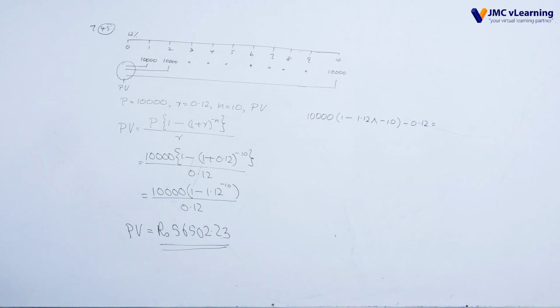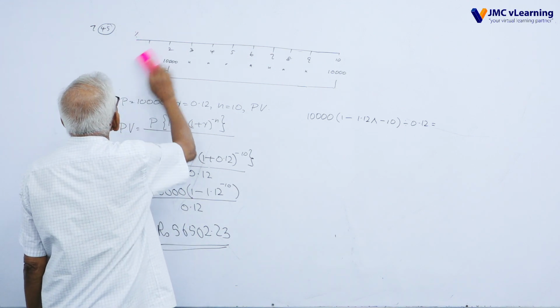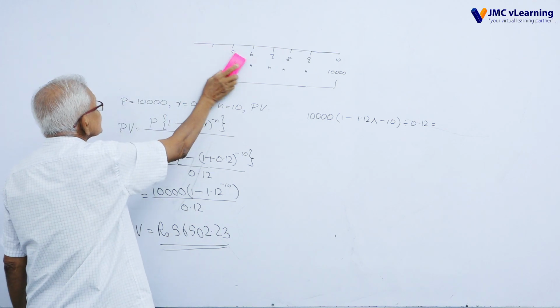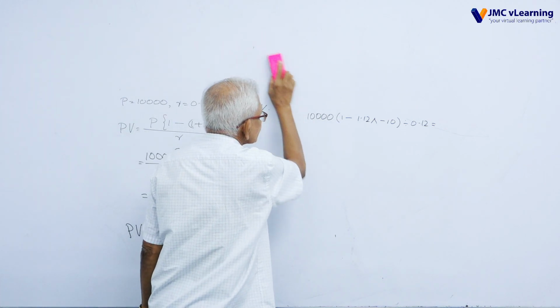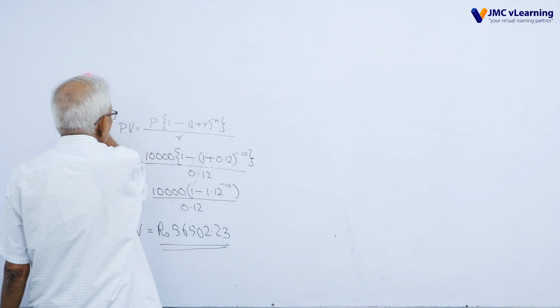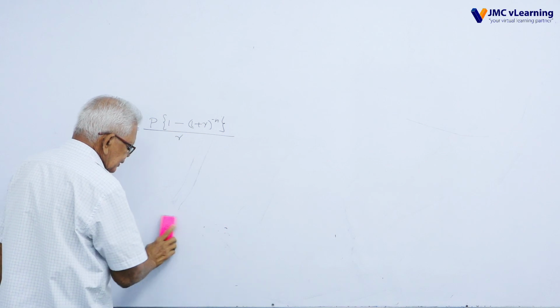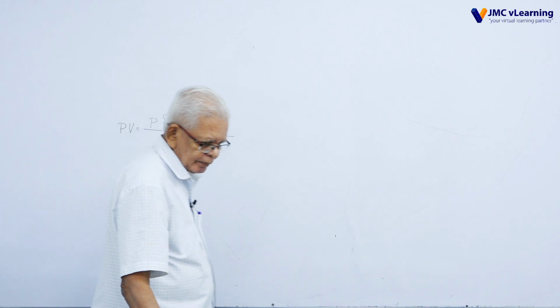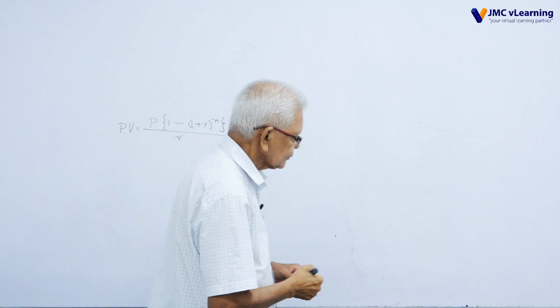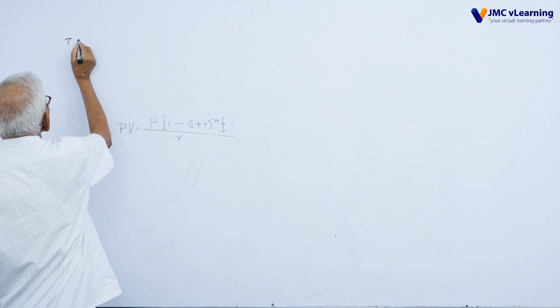Write down per annum. Question number 46. Somebody is getting every month. Write down 46.